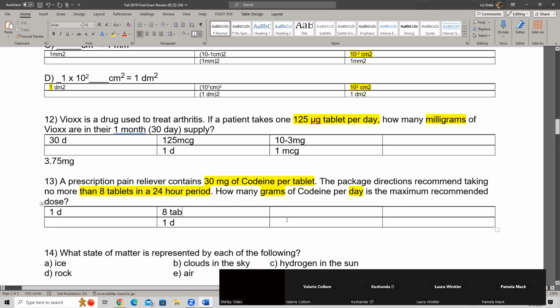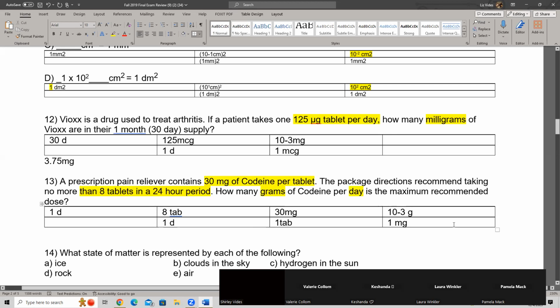And then the other one, see how the other one matches now? 1 tablet on the bottom, and how many milligrams of codeine? 30 milligrams. And then they want it in what? Grams. So 1 milligram is equal to 10 to the negative 3 grams. Yes? Okay, there you go.